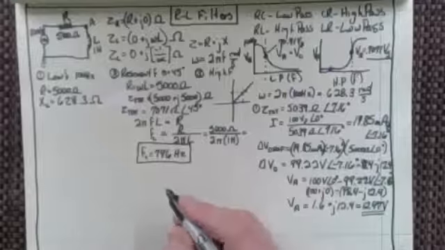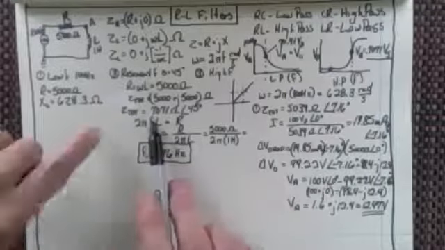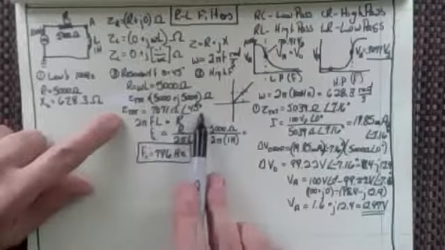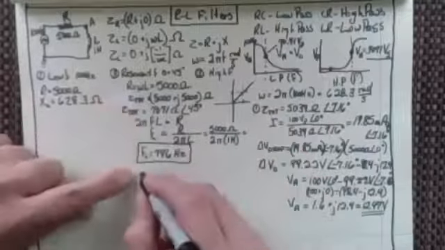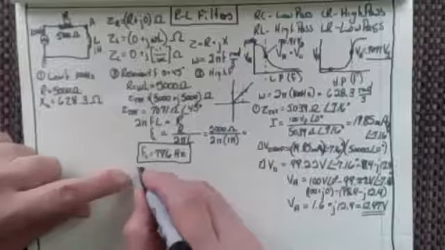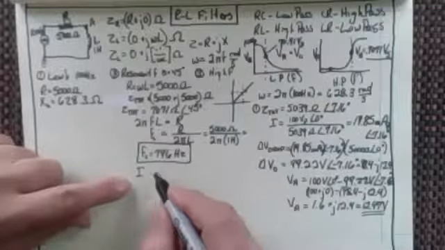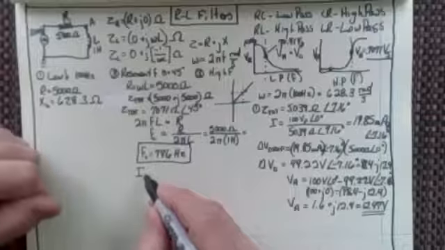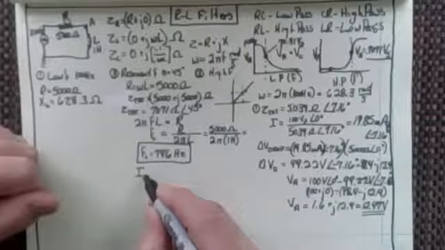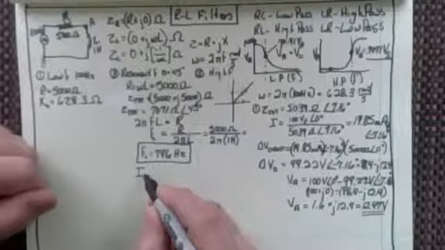And let's look at what the current is. We know what the total impedance is. We know what the voltage is that's coming out of there. So we can quickly figure out what the current is going to be through that at resonant, or at the value where the resistance of the resistor equals the reactance of the inductor.